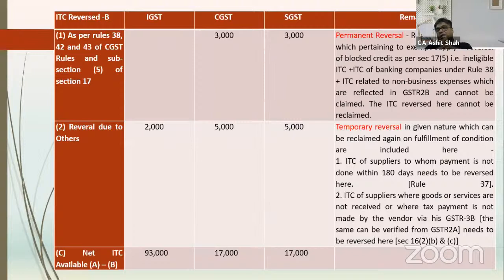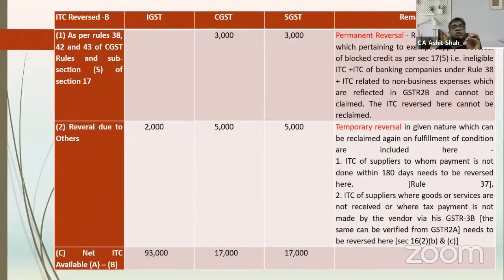Now it is very categorically bifurcated. Now they have divided the whole reversal into 2 parts. One is the permanent reversal and the second one is the temporary reversal. Both have to be shown separately. Now what do you mean by permanent reversal? Permanent reversals are such transactions wherein credit is straight denied.